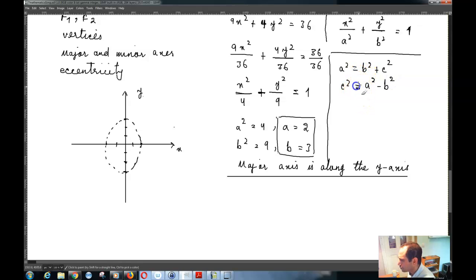So c squared is equal to 2 squared, which is 4, minus 9. So c squared is equal to 4 minus 9, so c squared is equal to negative 5.